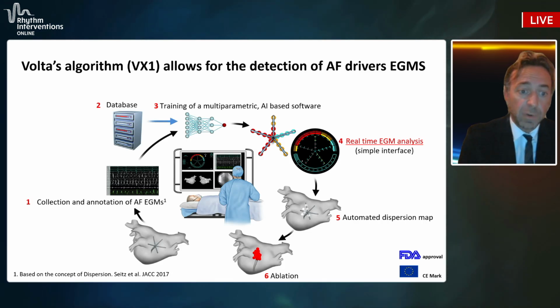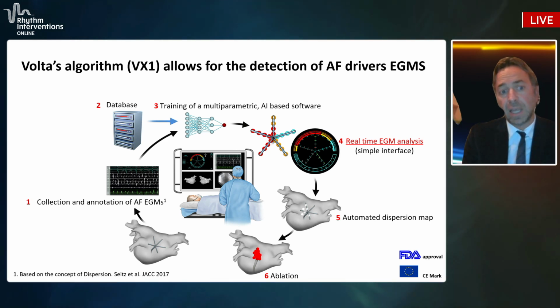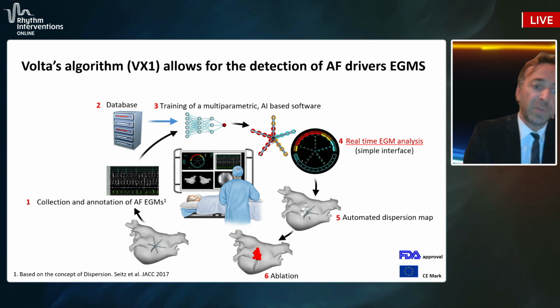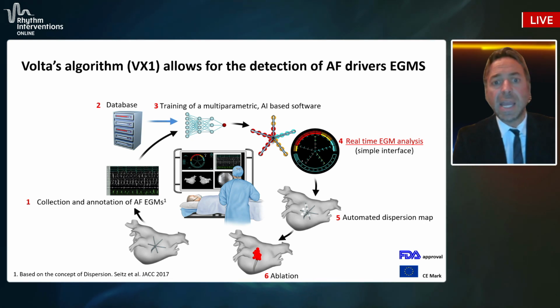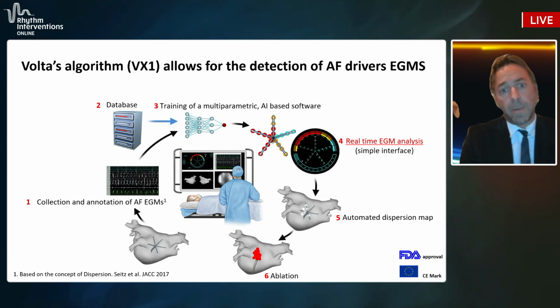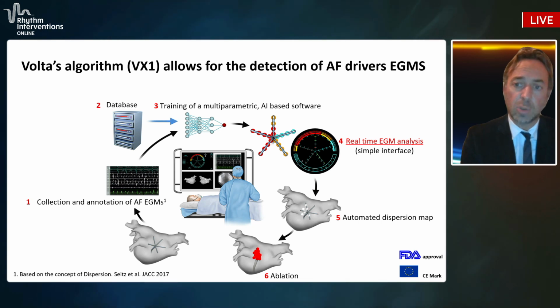We have developed an algorithm with Volta Medical based on a database of intracardiac AF electrograms that we have collected and annotated based on the concept of dispersion that we published in JACC in 2017. With this database, we have trained a multi-parametric AI-based software that provides in the EP lab a real-time electrogram analysis for the operator with a very simple interface with different colors.